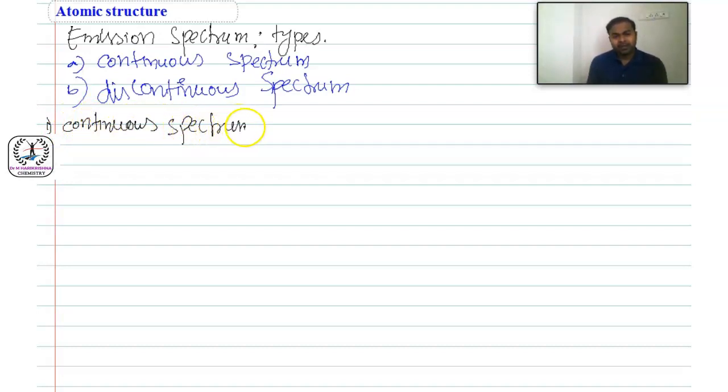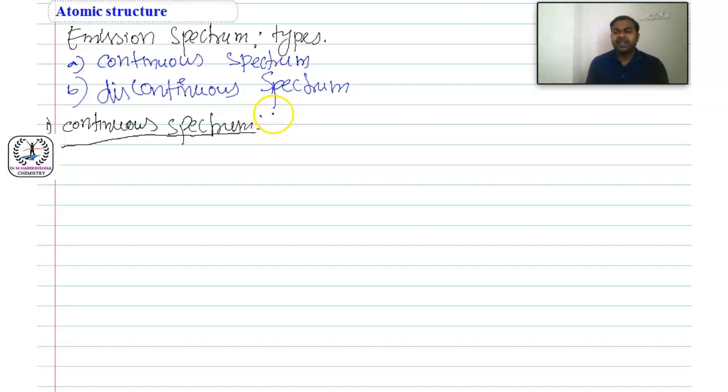Continuous spectrum means lines are very close to each other. The best example is VIBGYOR. When light passes through the prism, it divides into 7 colors, VIBGYOR. Each line is very close to another line, almost merged but not completely.